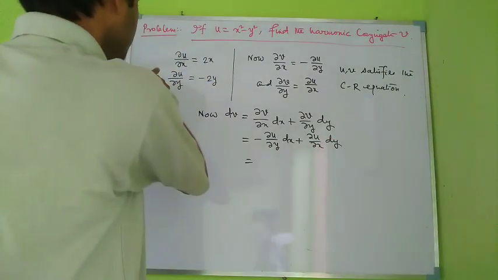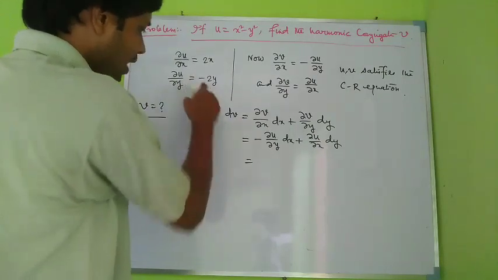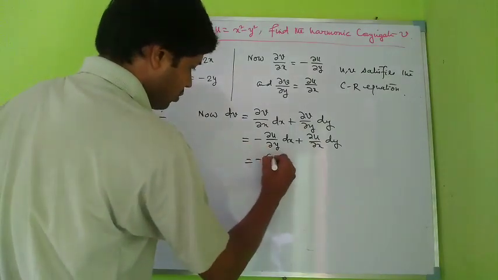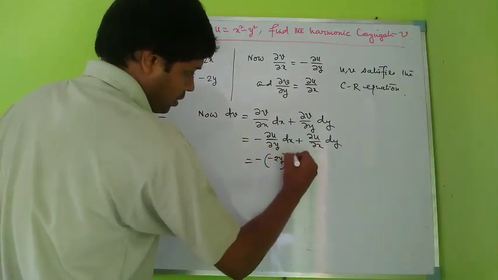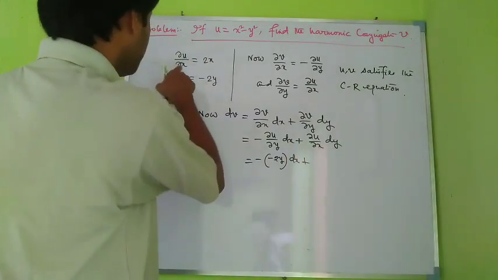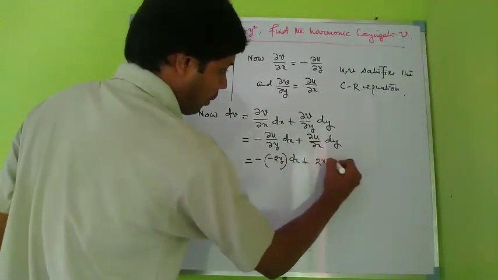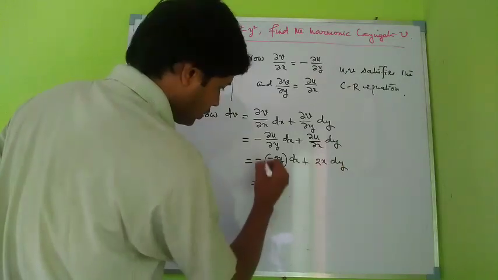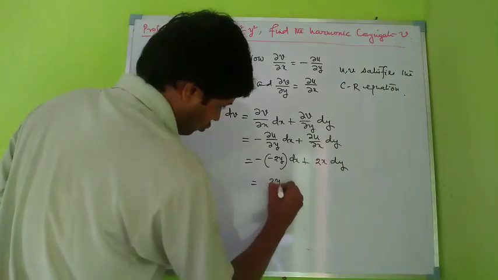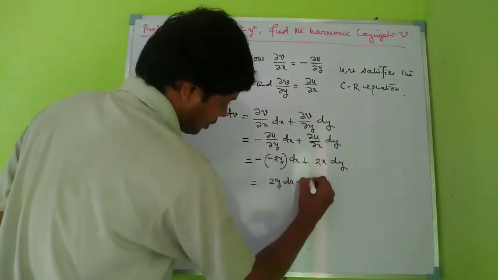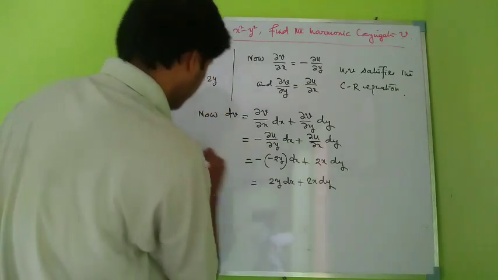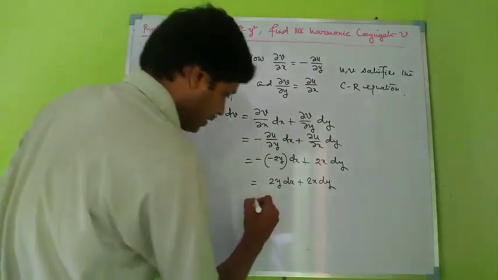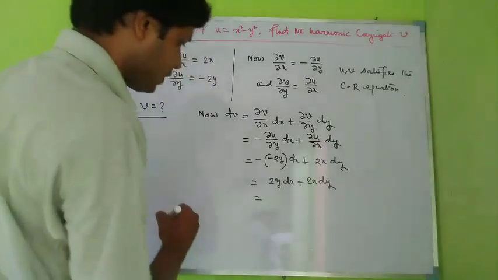So del u del y is equal to minus 2y, so this is minus of minus 2y dx, and del u del x is equal to 2x dy. So 2y dx plus 2x dy. So we find dv here.